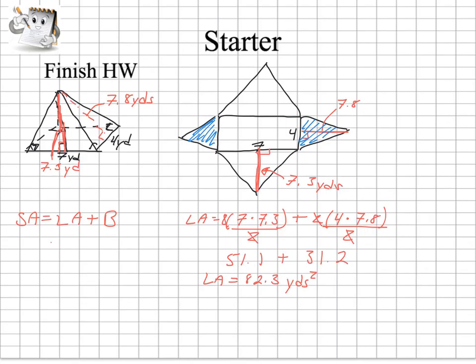So we have 82.3 plus 7 times 4, which is 28. 82.3 plus 28 is 110.3. And don't forget your units. This is square yards.